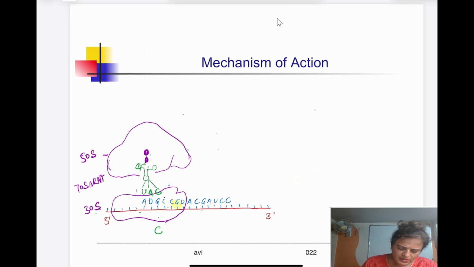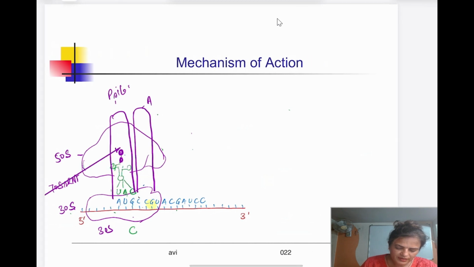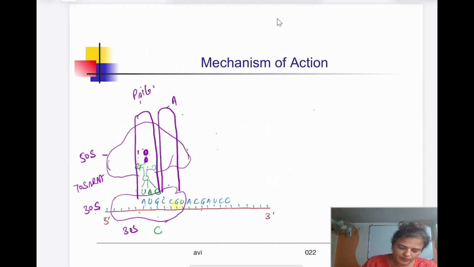Now the 50S and 30S have two important sites. What are the important sites? It is the A site and the P site. P site is the peptidyl site, which already has a peptide chain, the previously attached peptide chain, like 1 and 2.